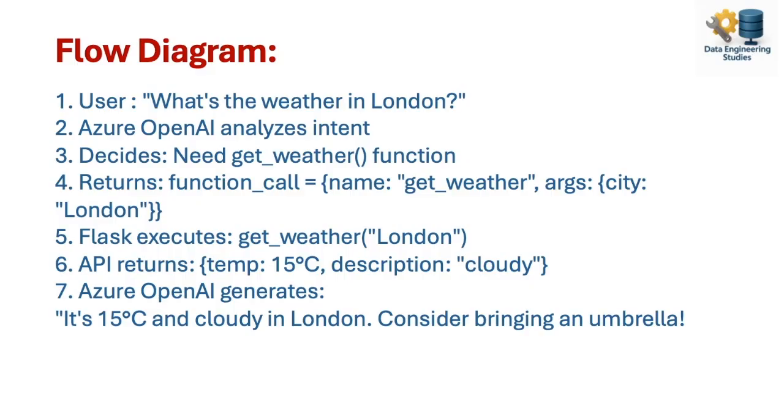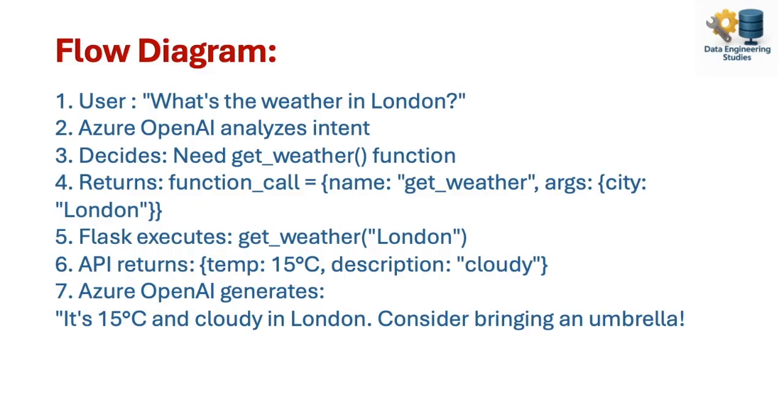So in step 4, AI returns a special response to our Flask application. It calls the getWeather function and passes the argument city equals London. Here, AI intelligently parses London from the user's natural language query. In step 5, our Flask application receives this function call request and executes the actual getWeather function with London as the parameter.